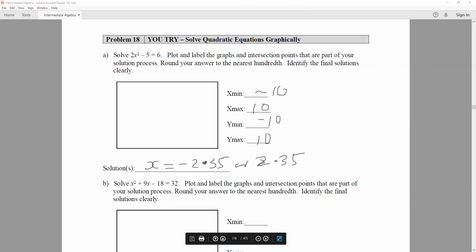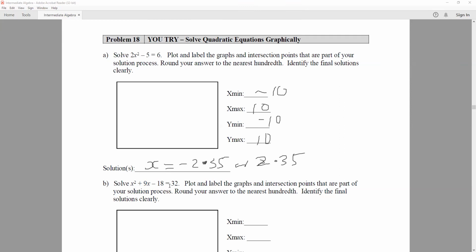Now for B, we have solved x squared plus 9x minus 18 equals 32. Now looking at this, I have some big numbers, 18, 32 here.